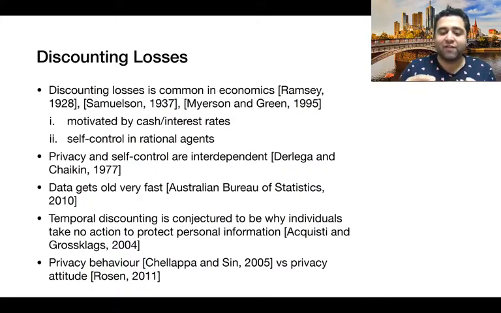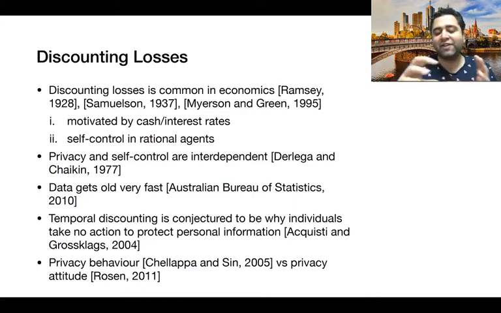We might think very much about how Facebook is intrusive about our privacy and how we are sharing a lot of data with other people and we shouldn't do it. But when it comes to actually implementing those things, we might not be on the same page. And that's because of the difference between privacy behavior and privacy attitudes.